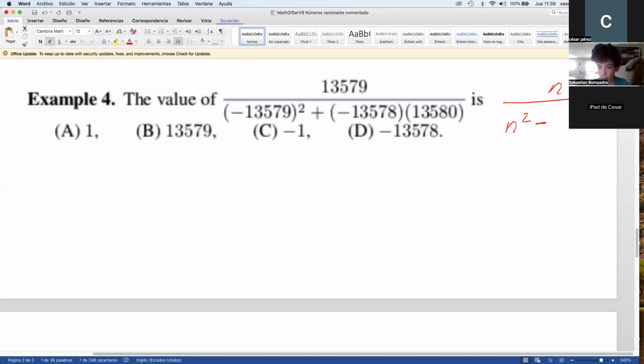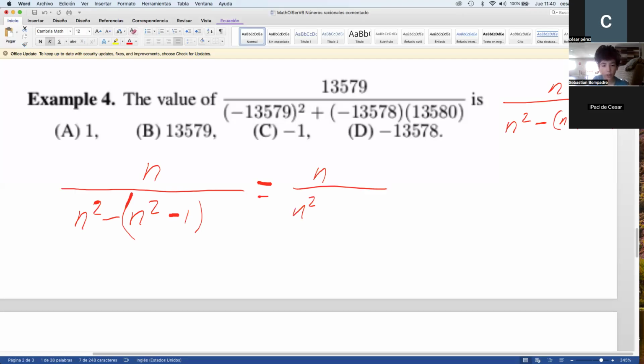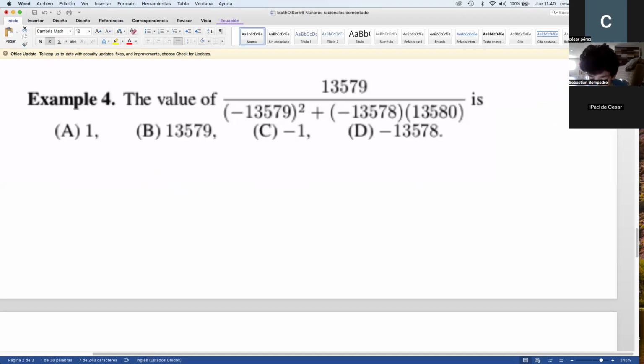So minus n minus 1 times n plus 1. That's right. This is the difference of squares. So n squared minus n squared minus 1. So that is n divided by 1. Good. Very good. I like that. That was a very clever way for solving this.